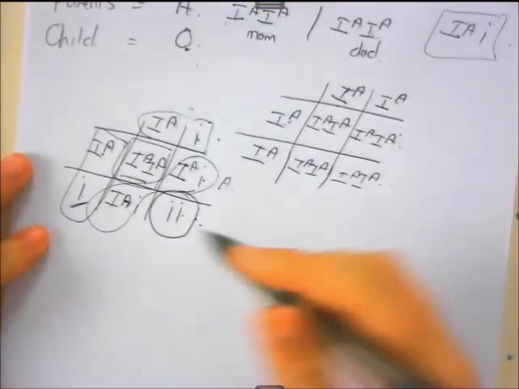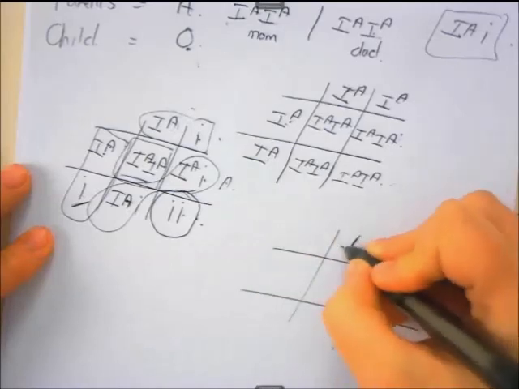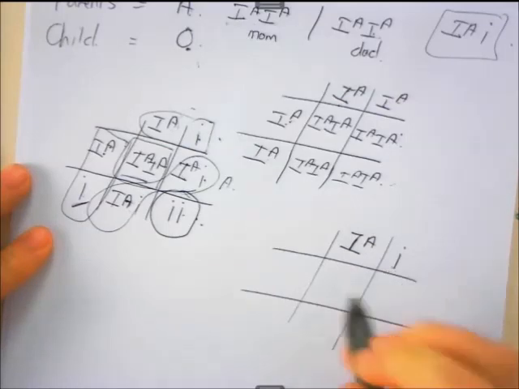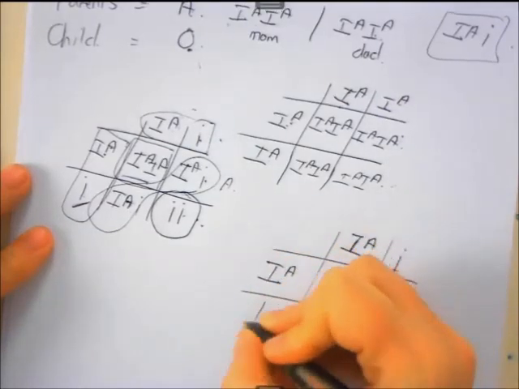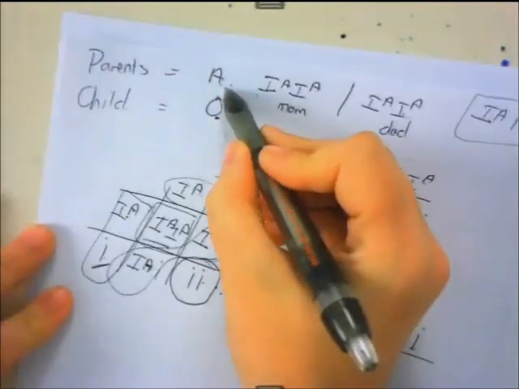If we just take one more scenario, and we have a look, if let's say the mom is heterozygous, and we have a dad that is homozygous for blood group A, which is what they've told us in the beginning.